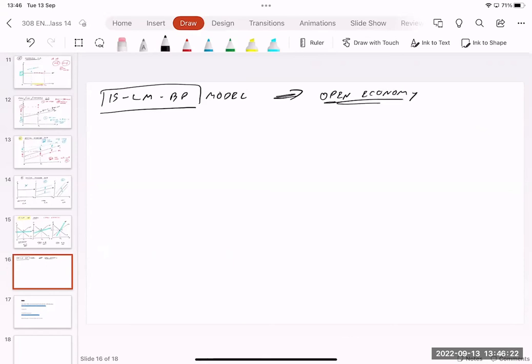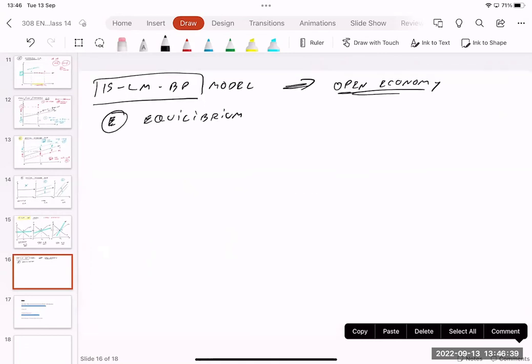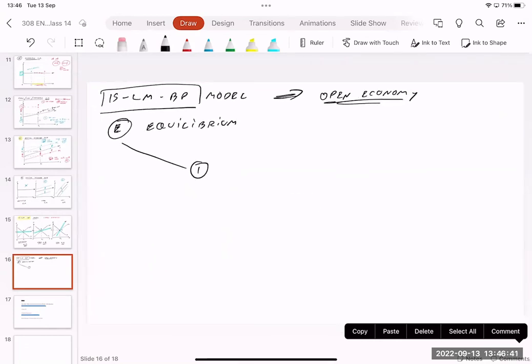And the great thing about the IS-LM and BP model is that they represent equilibrium in three markets at the same time. The first one represents equilibrium in the output market.